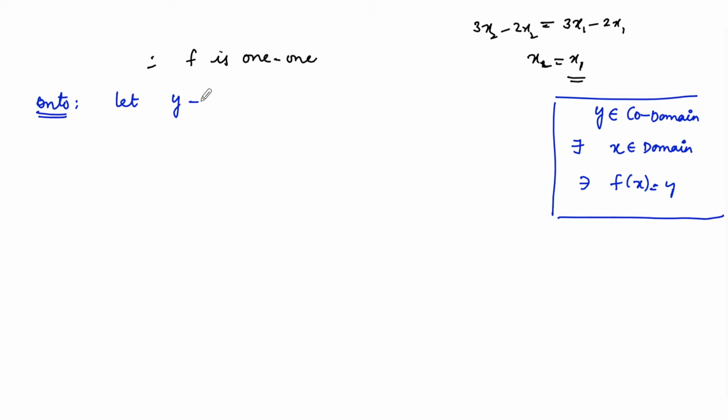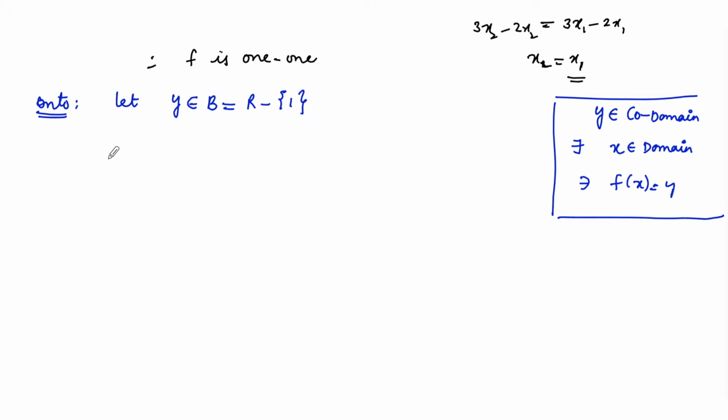Let us consider y belongs to the codomain. The codomain is given B, which is equal to R minus 1.